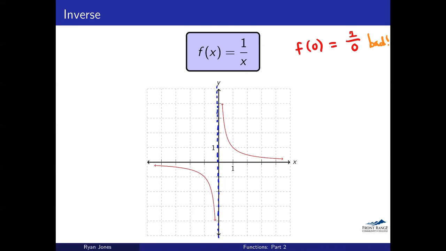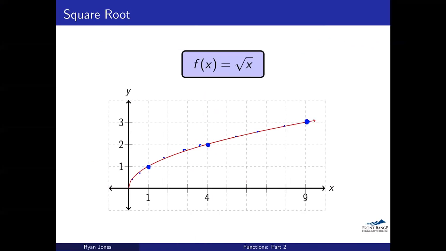While I've been on this topic of domain, I want to go back here as well and remind ourselves that we can't have a negative underneath the square root. That means x can't be negative. And what you notice here is that it's not. I don't have a function over there because the function isn't defined over there.